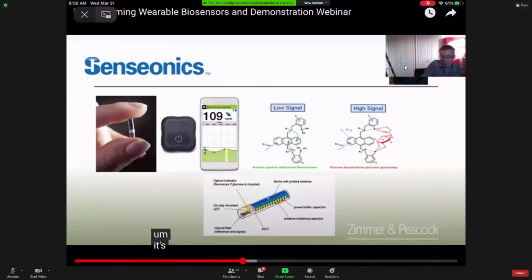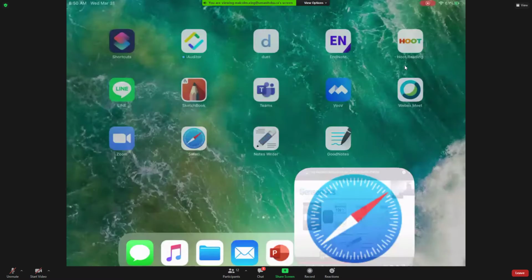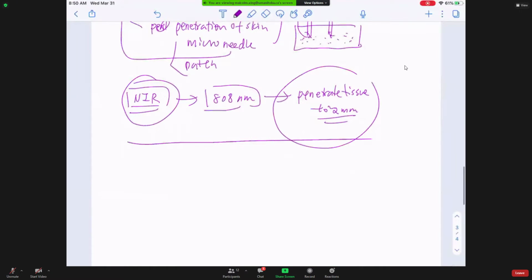So here I need to give you a little bit of explanation on how the biosensor works. Say A is what you want to detect. You can coat an enzyme, which is a protein, onto your sensor's electrode.